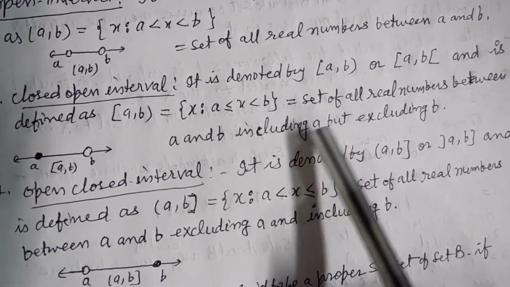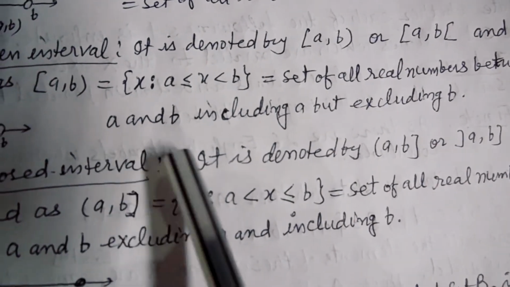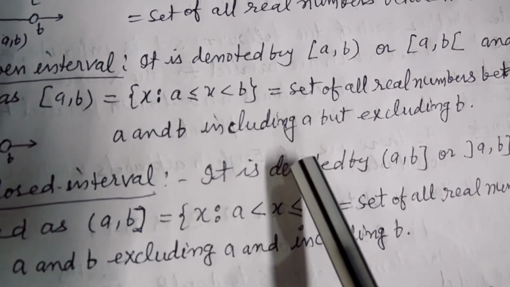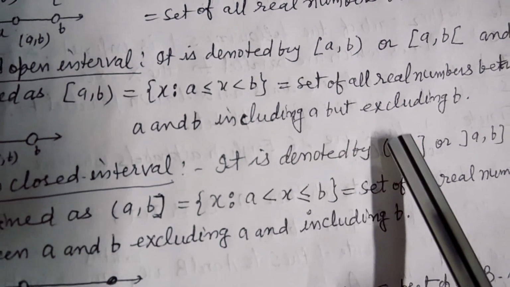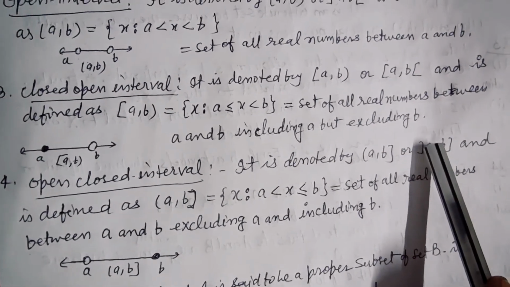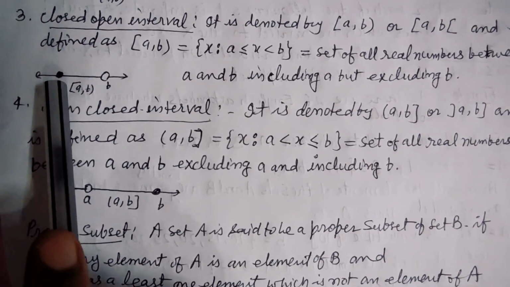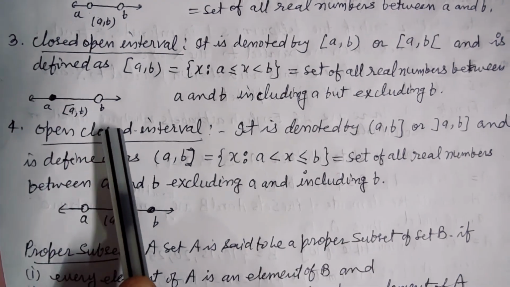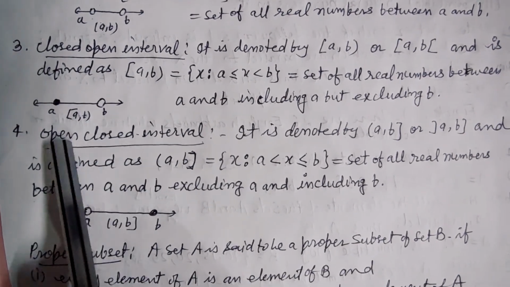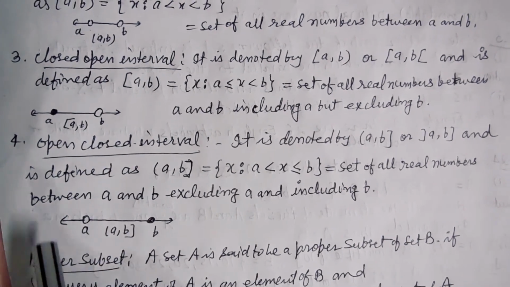This is equal to the set of all real numbers between a and b including a but not including b. Clear? See the figure here. Beginning with a dark circle and ending with an open circle, this shows the closed open interval.